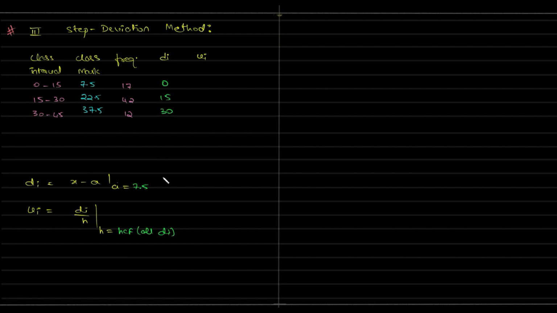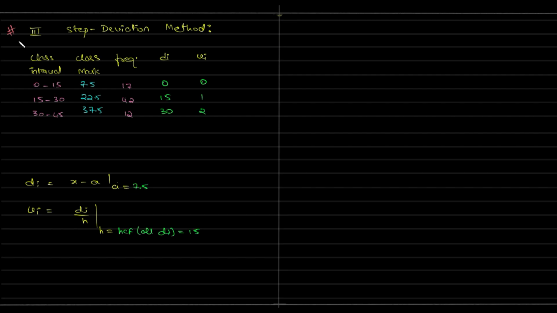So here the HCF happens to be 15, right? I'm going to divide all the values of di by 15. So 0 by 15 is 0, 15 by 15 is 1, and 30 by 15 is 2.